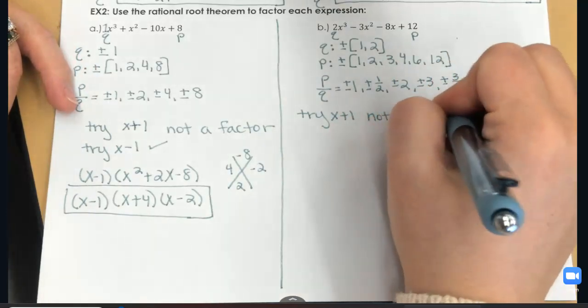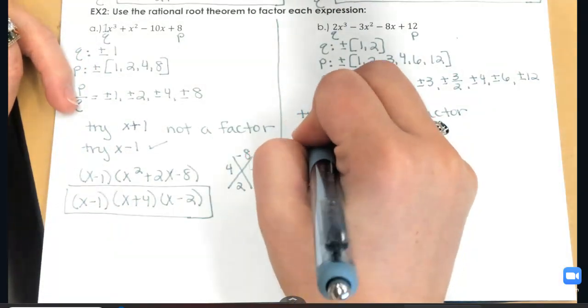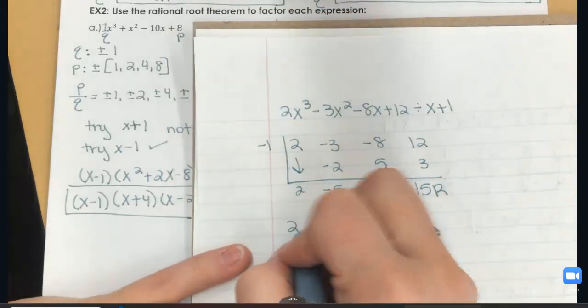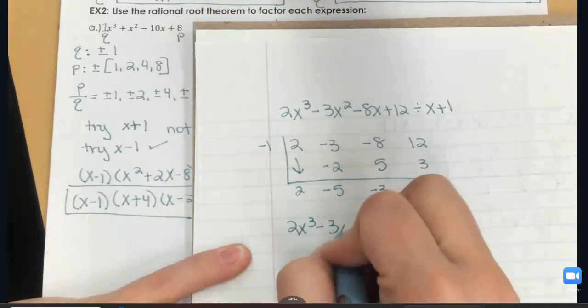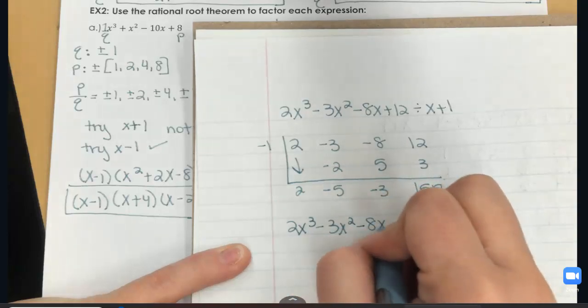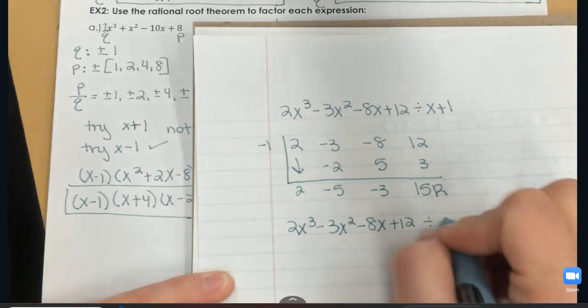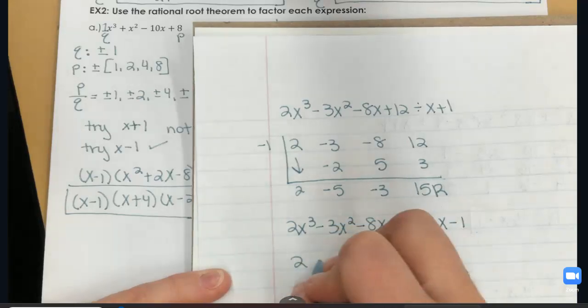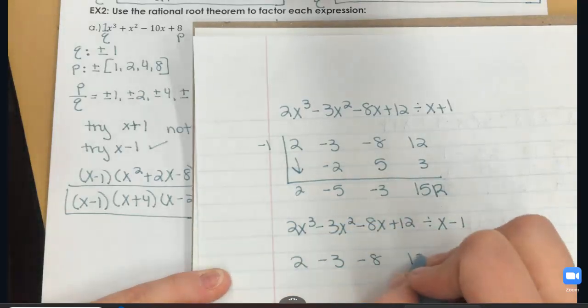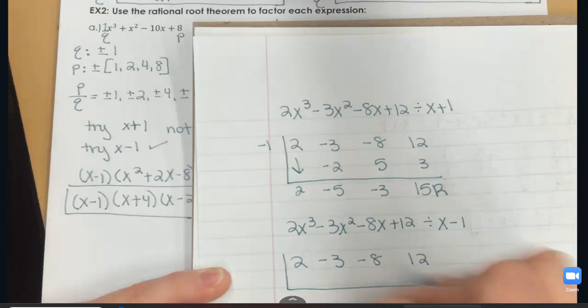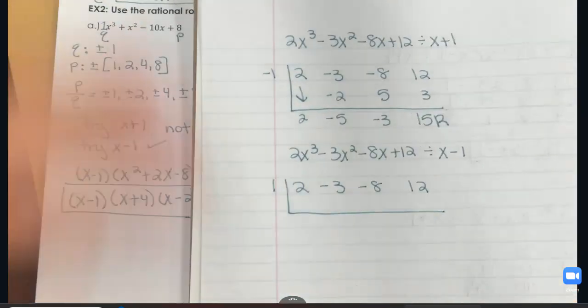So let's try x minus 1. So now I'm going to divide by x minus 1 instead. Setting up my synthetic division.